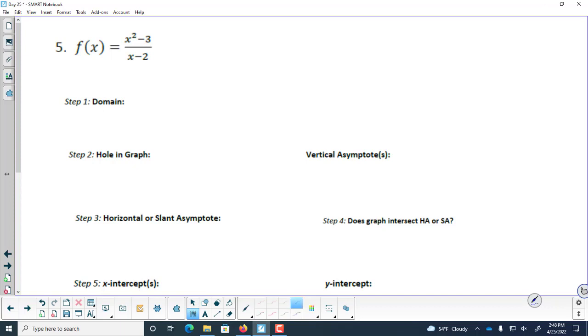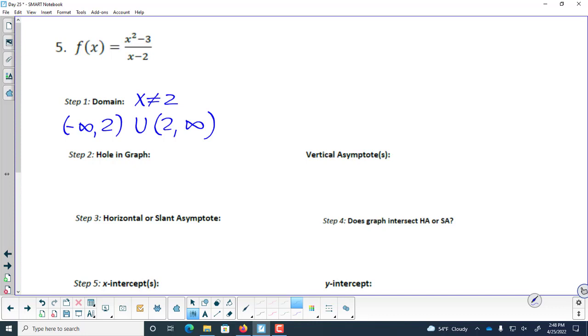We don't factor it. So what's going to make x minus 2 equal to 0? 2, right? So x cannot be 2, correct? That means I have a discontinuity at 2. So my domain is everything less than 2 or everything greater than 2.